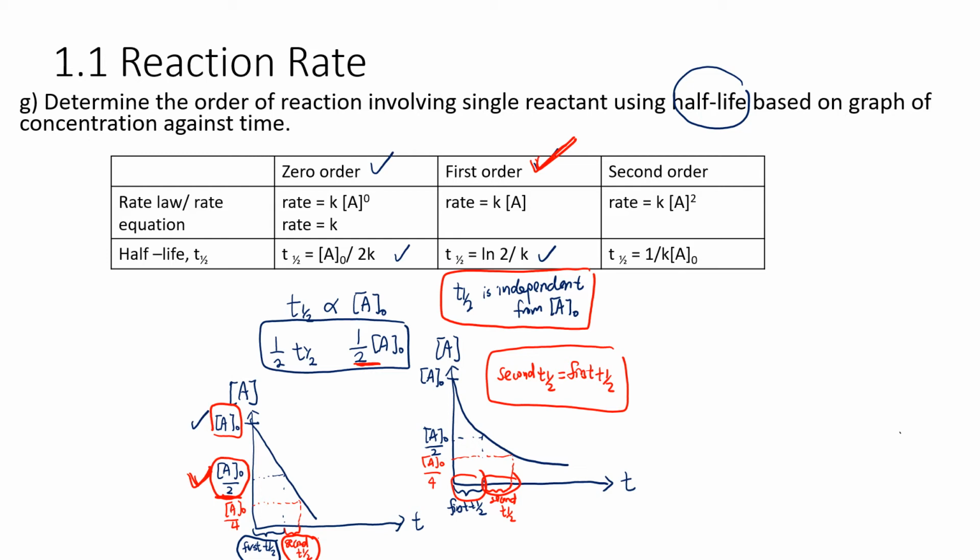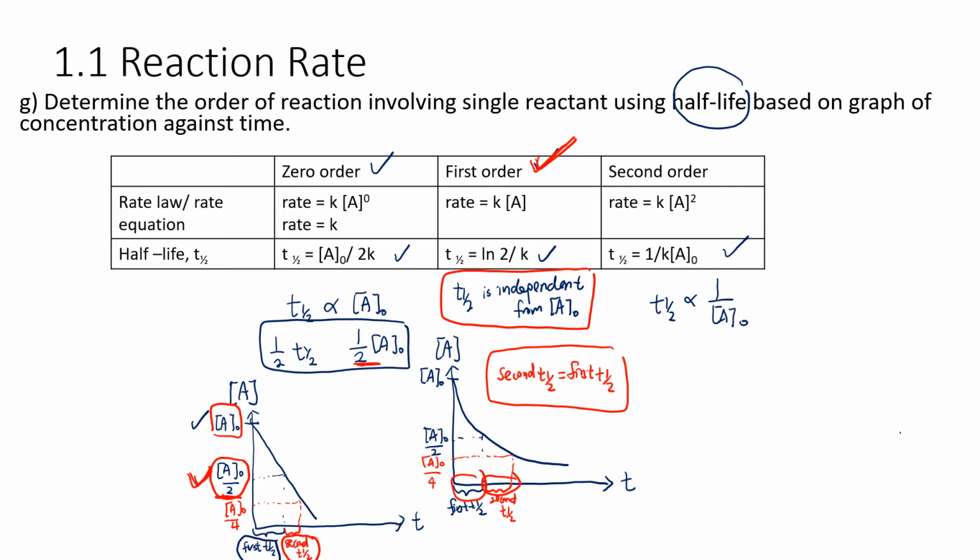Now we move on to look at the second order reaction. The half-life of a second order reaction is half-life equals 1 over k times the initial concentration. So from this, we can see that the half-life for a second order reaction is inversely proportional to the initial concentration.